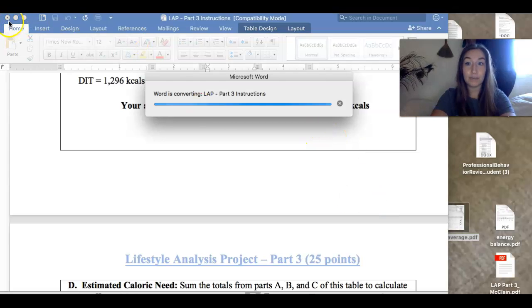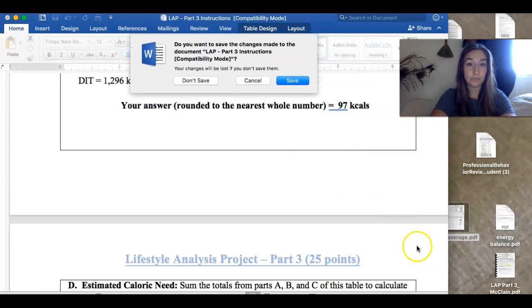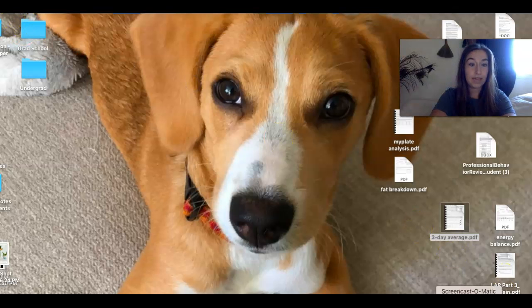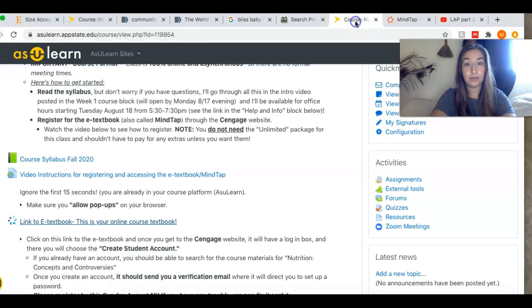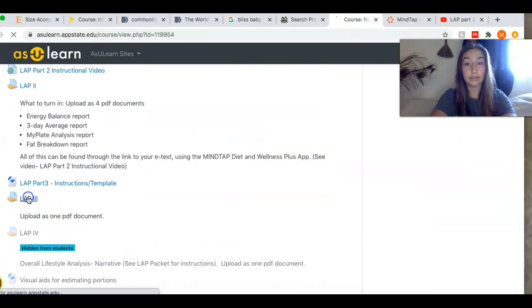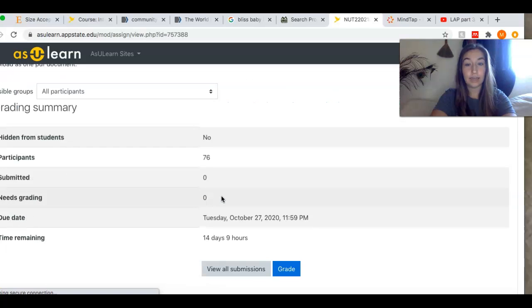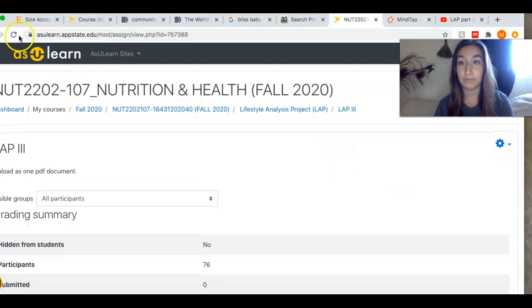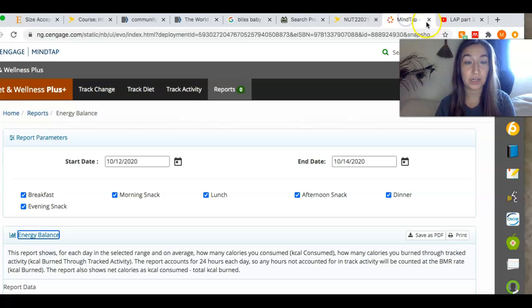That's how you save it. And then we can go to part 3 and upload that as one document. That's part 3. That's all you have to do. Probably the most intensive part.